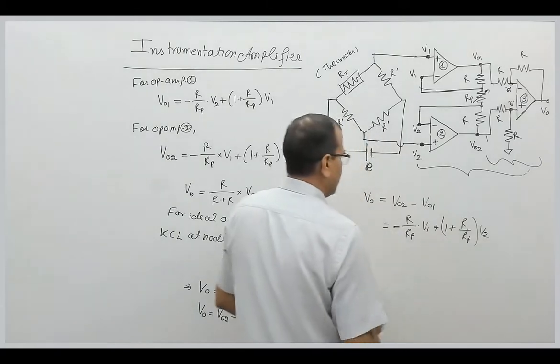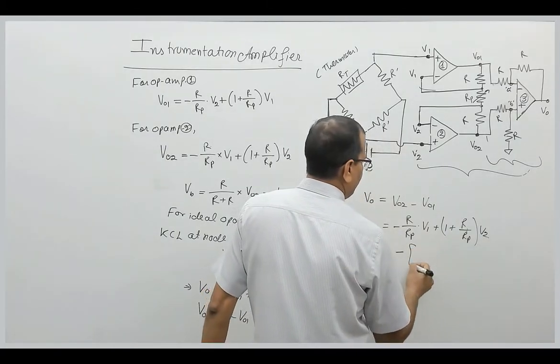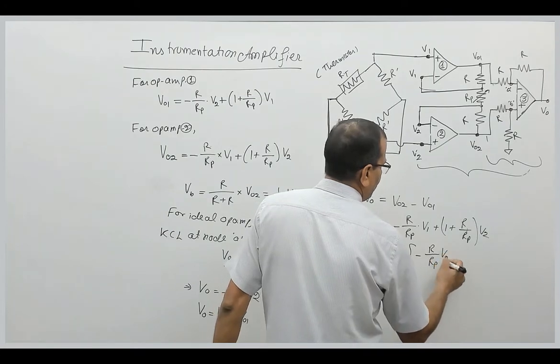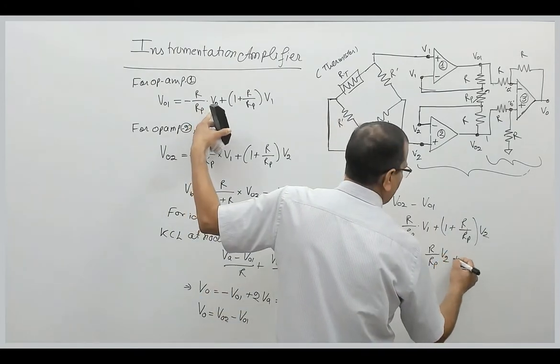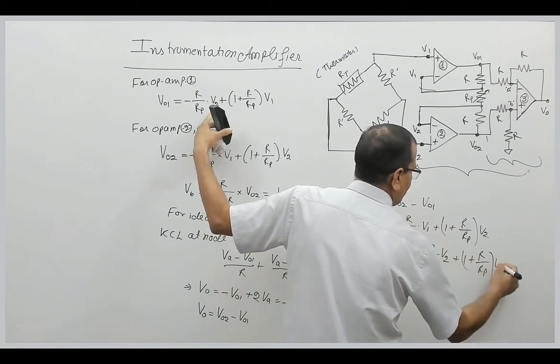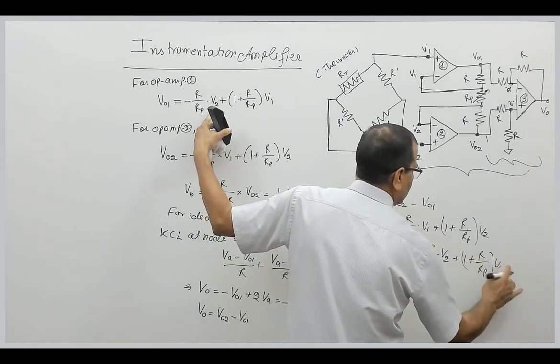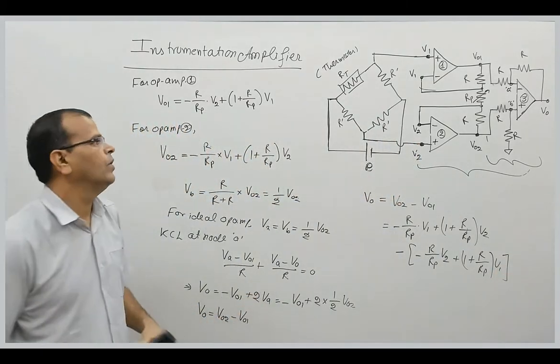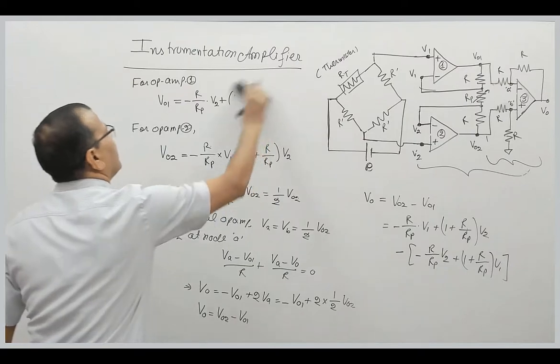I'll rewrite it here: minus of minus R by RP into V2 plus 1 plus R by RP into V1. Fine. This is the output of this instrumentation amplifier.